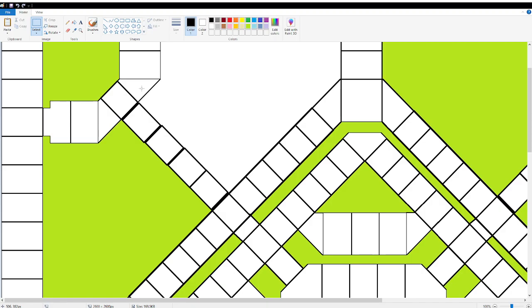Do I think this is a bad thing? Not really. It's just a basic game design thing.